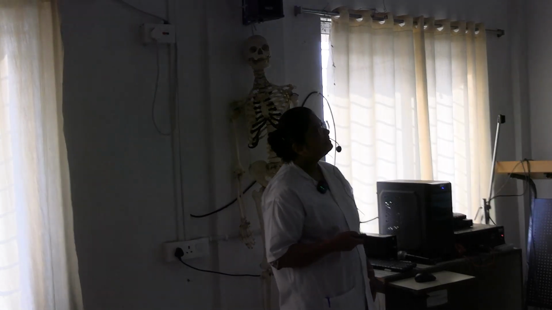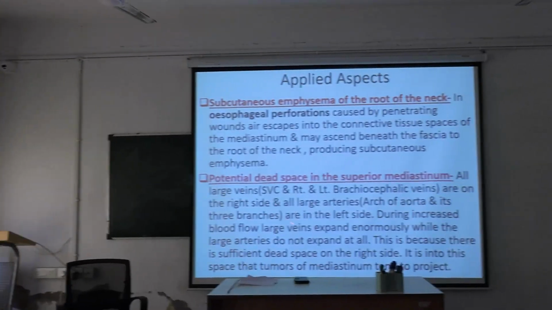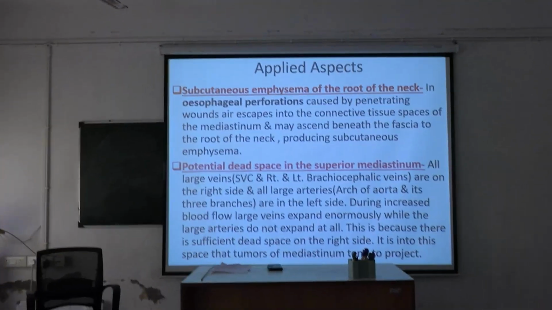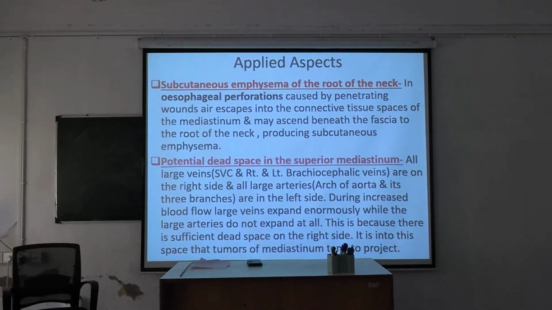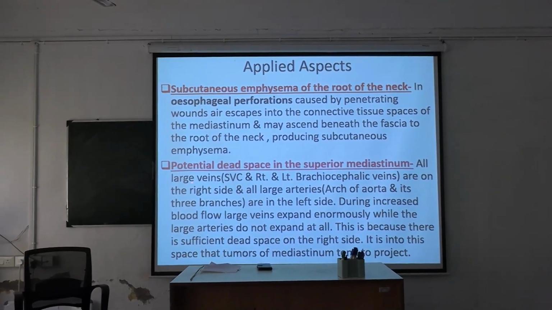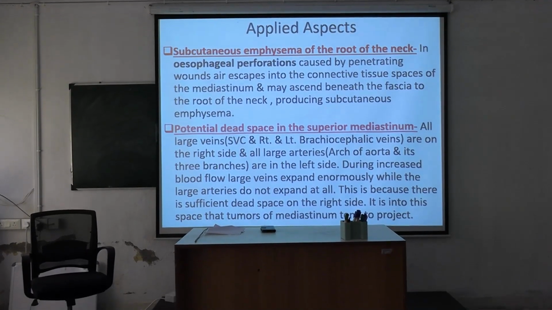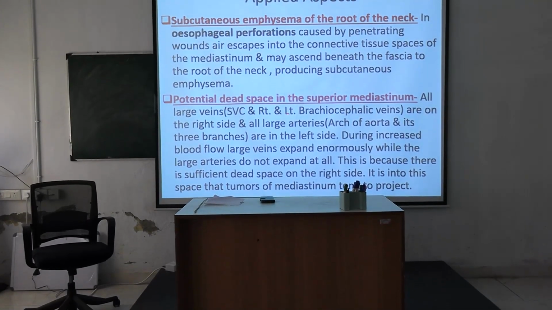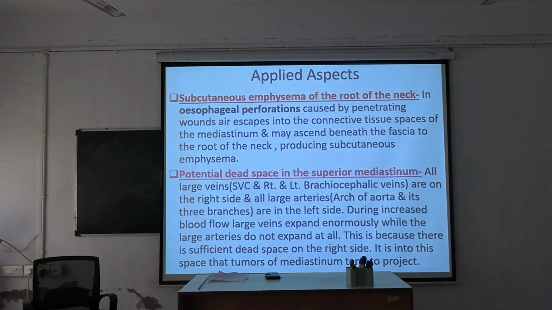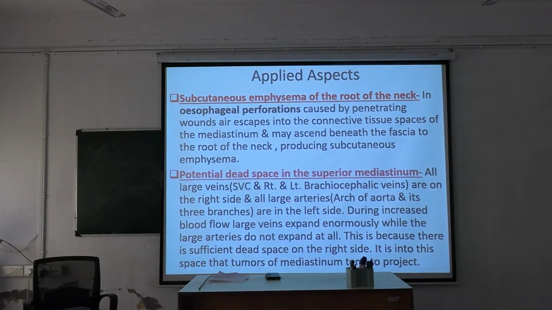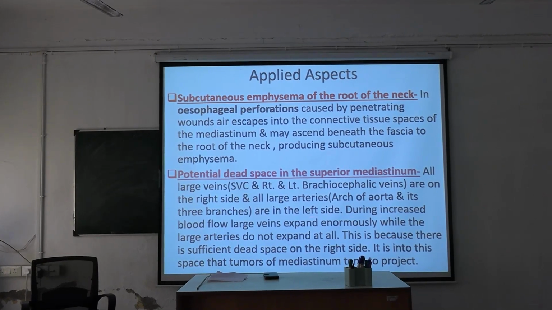Next is potential dead space in the superior mediastinum. This is important, this comes as an explain-why question. Okay, so potential dead space in the superior mediastinum: all the large veins, the superior vena cava and right and left brachiocephalic veins, are on the right side, and all the large arteries, the arch of the aorta and its 3 branches, are on the left side.